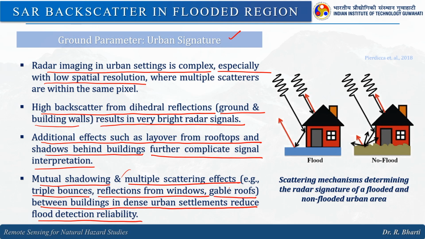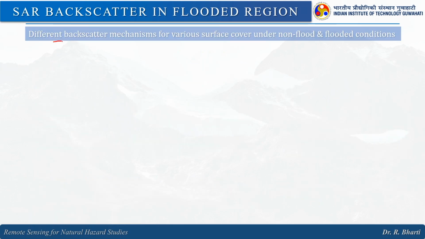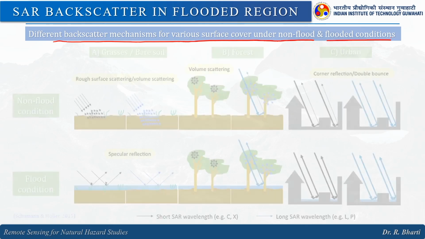So, even if you are using microwave data, you will not be able to prove the efficacy or the accuracy of your result. Different backscatter mechanisms for various surface covers under non-flood and flooded conditions.